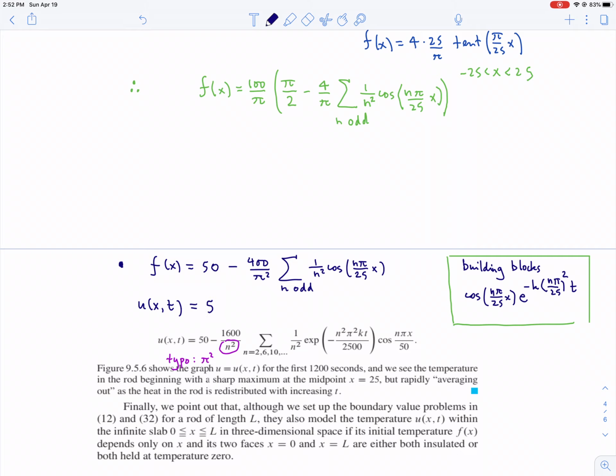So this is like the a naught over 2 term. Then we have minus 400 over pi squared, the sum over n odd, 1 over n squared cosine n pi over 25x, and I multiply by the exponential, which equals 1 at t equals 0, so that I recover f when t equals 0.